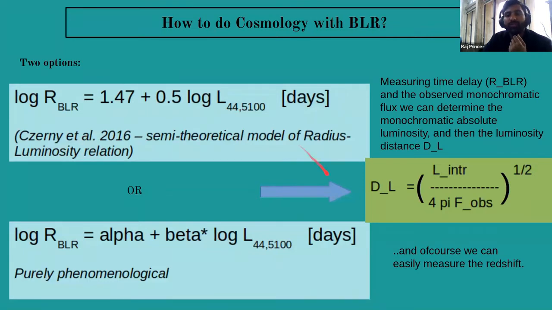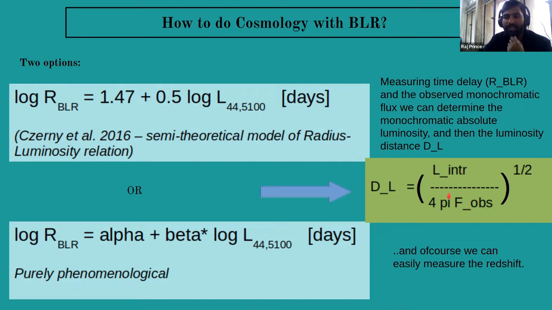To do the cosmology, we can use this expression for the luminosity distance, where we have the intrinsic or monochromatic luminosity divided by 4 pi times the observed flux. If you know the time delay, we can measure R_BLR. Then from this relation we can know the luminosity, and this luminosity can be used here.